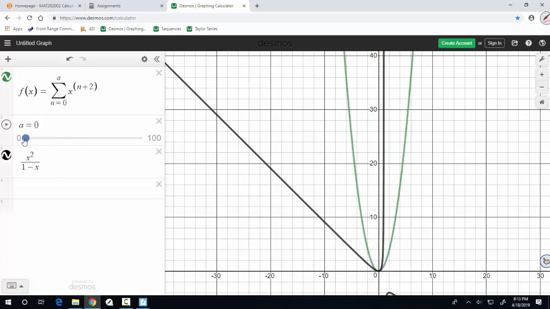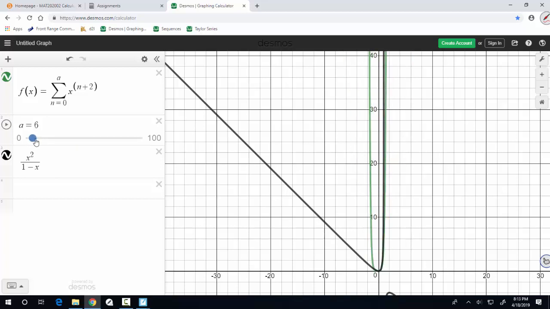But that happened pretty quick. Did everybody catch that? See how long it takes the computer to catch up. We're not going to get out very far, right? Because if we get out past negative 1, the series in green is not going to match the function in black.